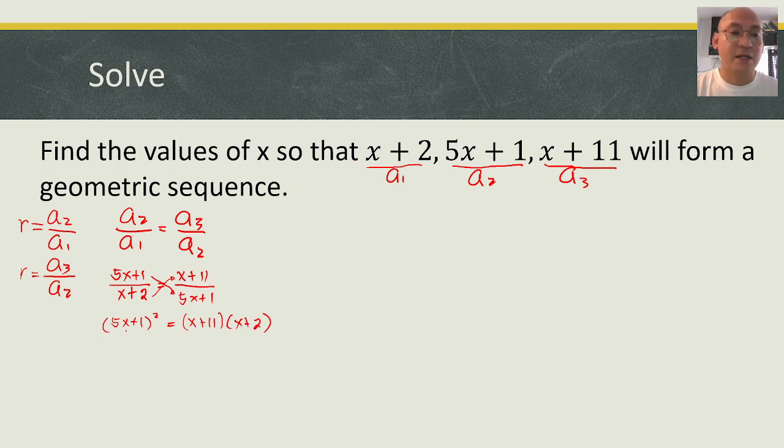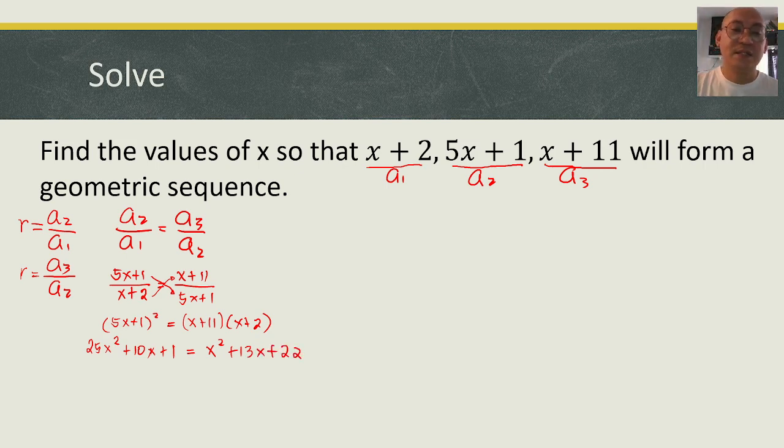For the square of binomial, we have 25x squared, and then double the product of each of the terms to get the middle term, and that is 10x. And then square the last term, which is 1. Using the FOIL method, we can get the product of the two factors: x squared plus 13x plus 22.